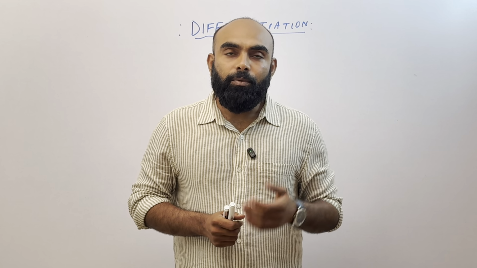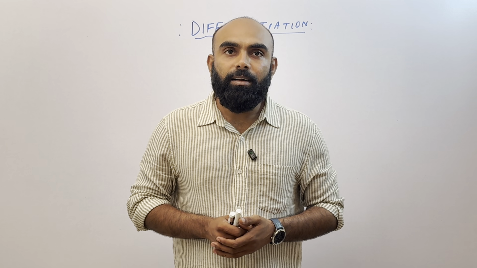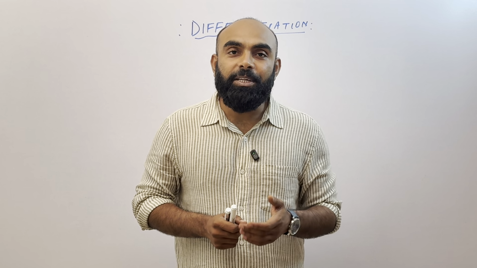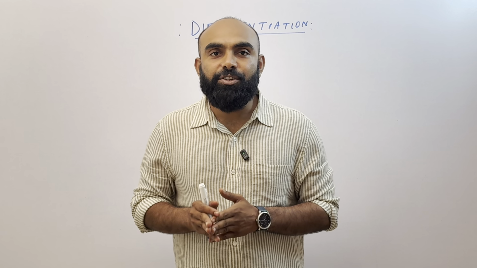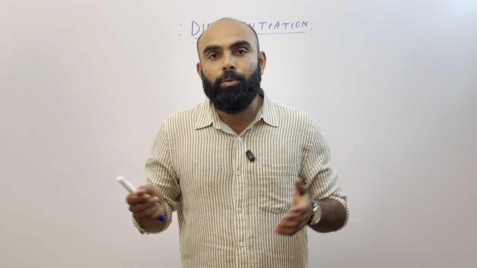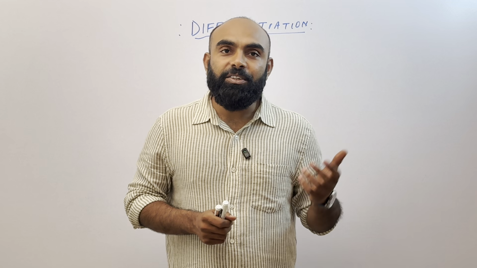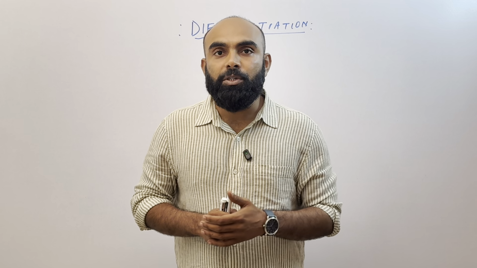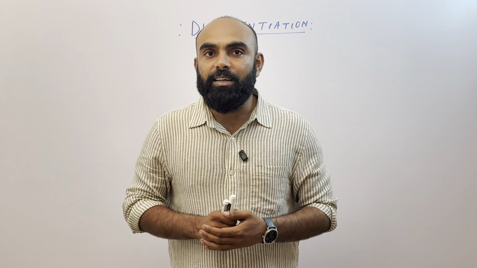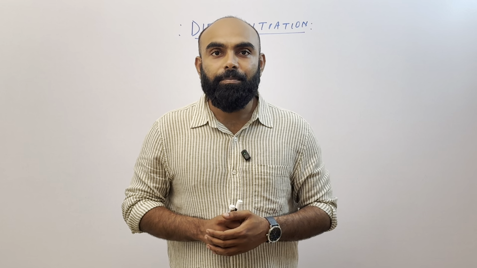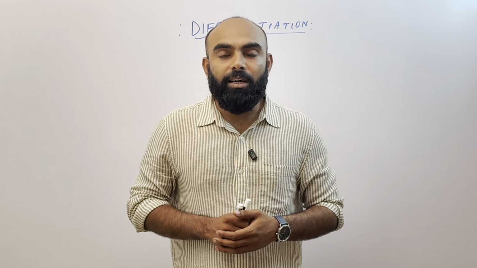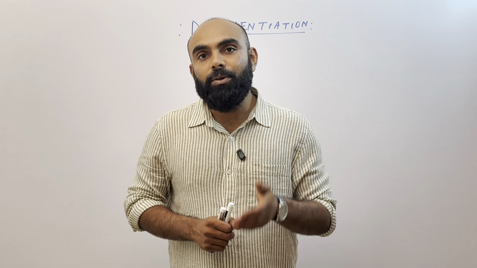We also discussed the concept of limit: limit x tends to 0, sin x by x, the value will be 1. Limit x tends to 0, tan x by x, the value will be 1. Those trigonometric identities: 1 minus cos 2 theta is 2 sin square theta, 1 plus cos 2 theta is 2 cos square theta, sin 2 theta is 2 sin theta into cos theta.